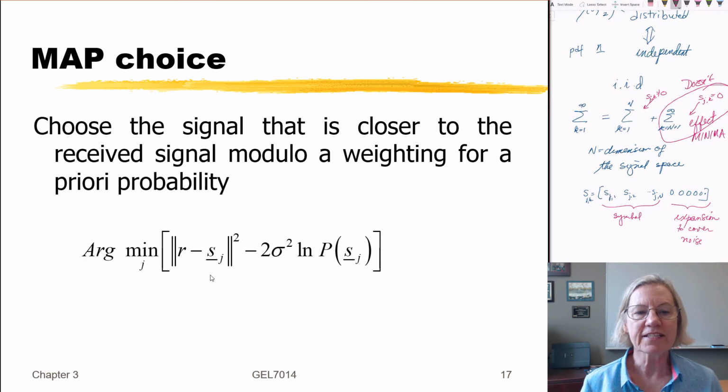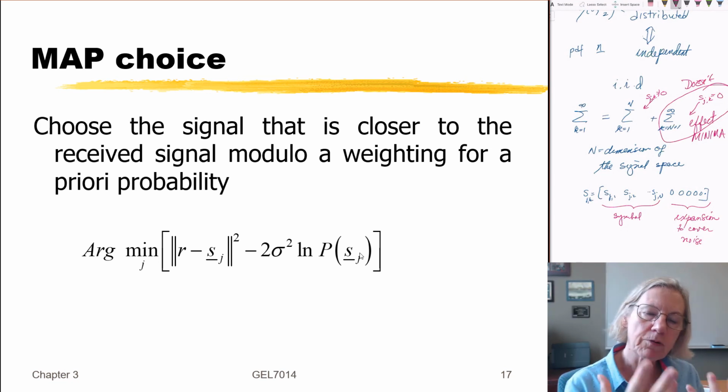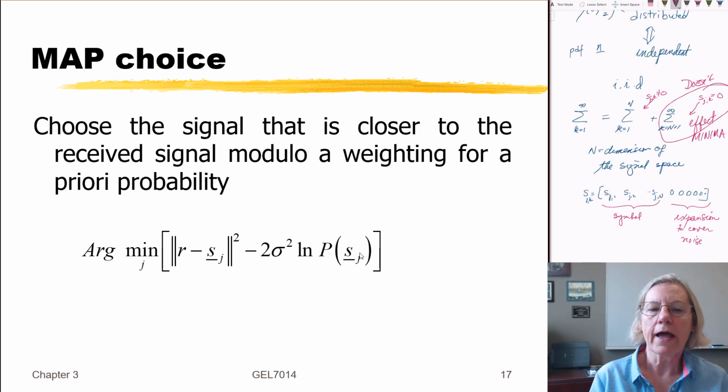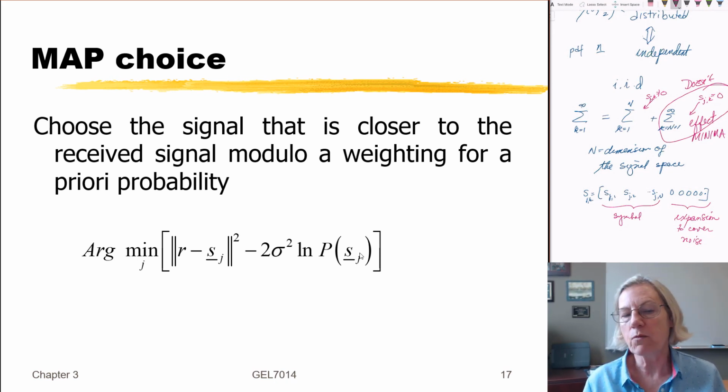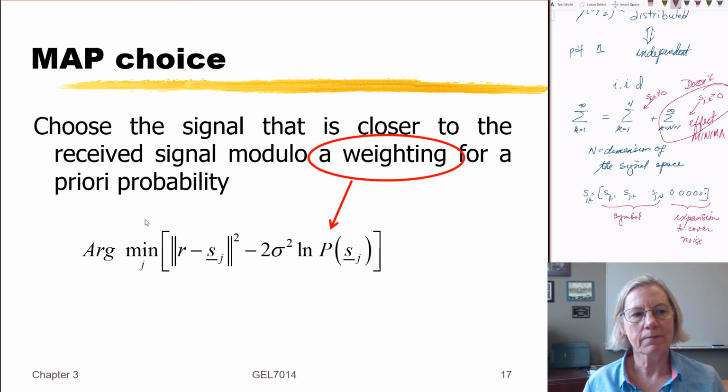So I calculate the distance, and then depending on which symbol it is, I'll cheat a little: if it's a really highly probable symbol, then it'll be even closer, and if it's very unlikely, then it won't be quite as close. So this is the MAP choice, and closer to is this term, and the weighting is from the a priori probability.